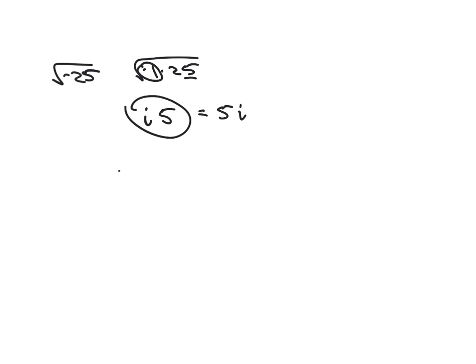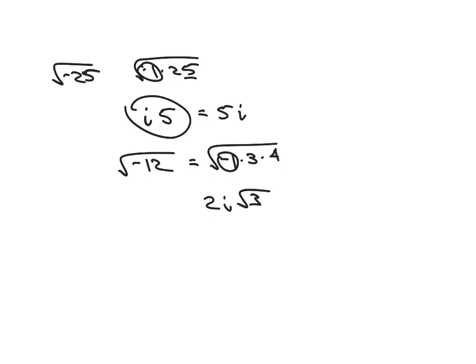Okay, so something like square root of -12. That equals the square root of 4 times 3 times -1, and the reason I did 3 times 4 instead of 6 times 2 is because I wanted one of the numbers to be able to take the square root of, so that I could at least pull that one out. I'm going to pull the I out, and I'm left with 2I times the square root of 3.